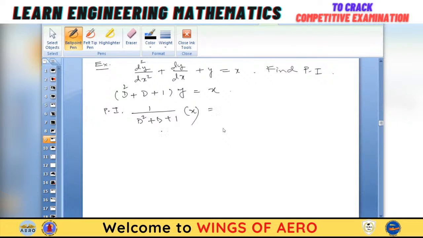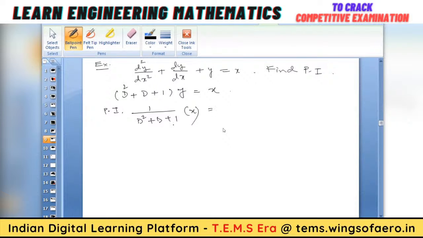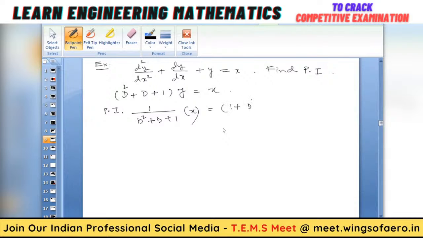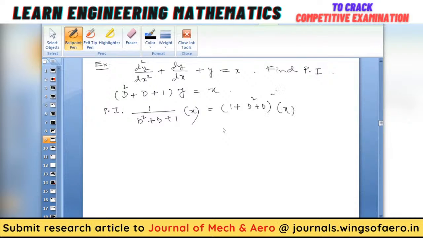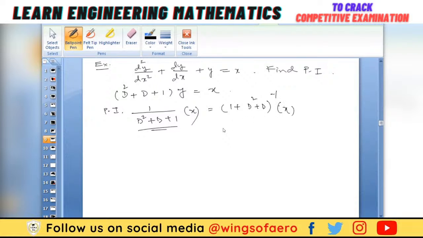Simply write it down like this: 1 plus d square plus d of x whole to the power minus 1. Can I write it? 1 plus d square plus d whole to the power minus 1 of x.